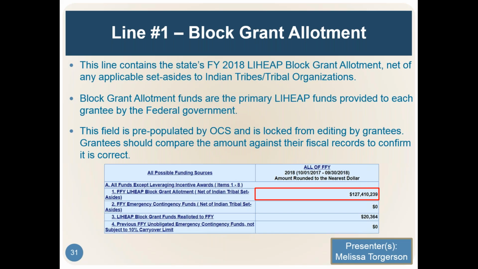We've had several times in the past where grantees have gone through and spent hours biting their nails trying to figure out why their uses aren't matching up with their sources, and then at the end they go back to their sources and realize there was something wrong, there was a digit off. Before you even start looking at your uses, review your sources and make sure it's correct with your fiscal staff. If it's not, get on the phone with OCS in these uneditable fields, including this field, and make sure you get it right. It'll save you a lot of time in the long run.